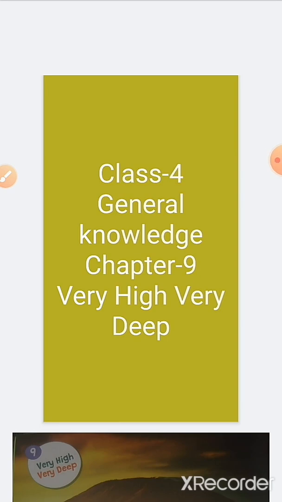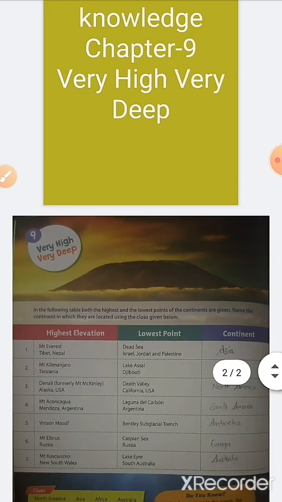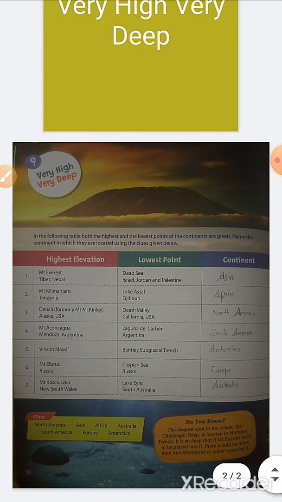Today we are going to read a very interesting chapter, that is very high and very deep. In this chapter we will study about the highest elevation, lowest point and continent.